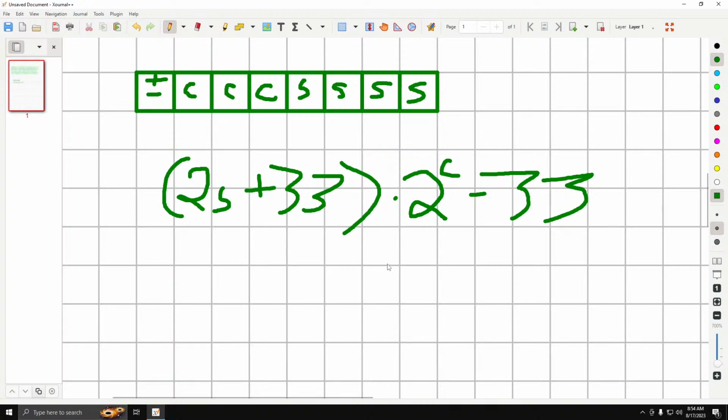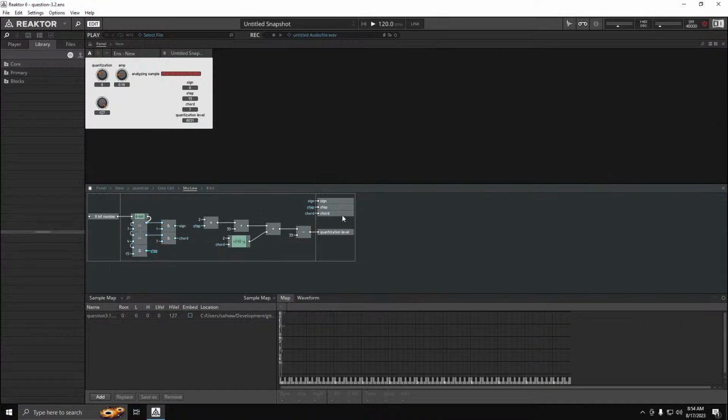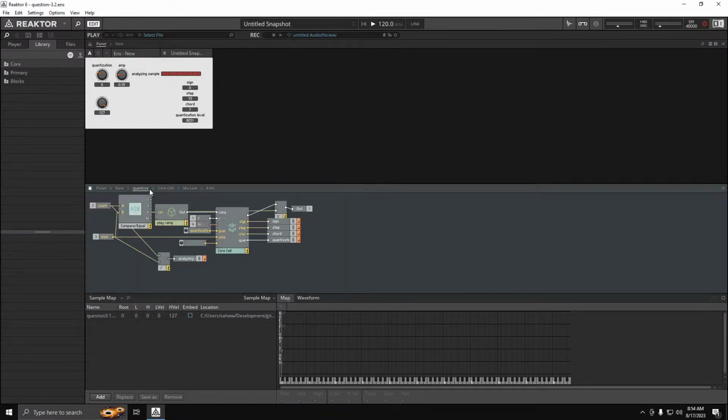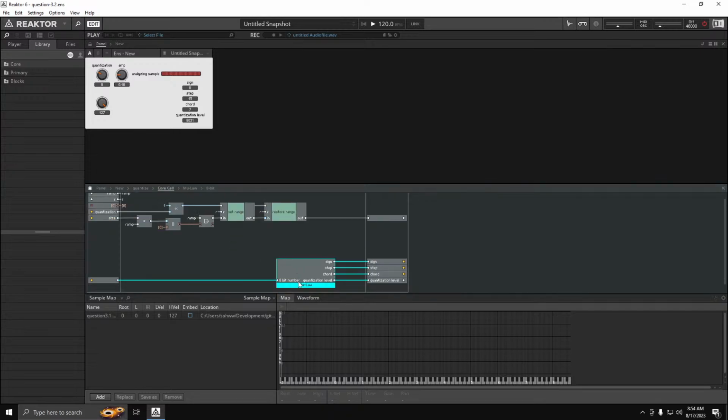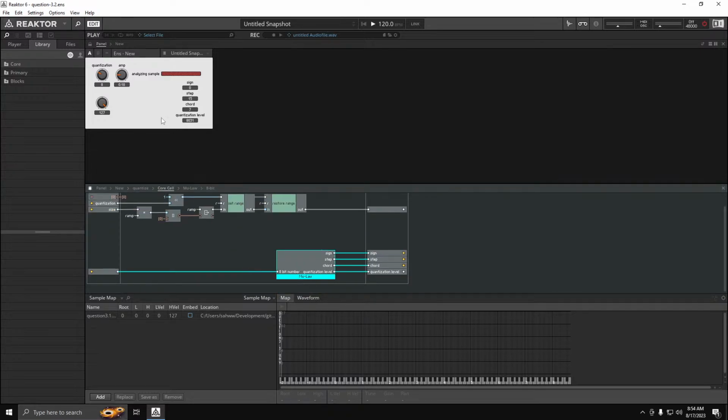So that's how you find a quantization level based on the step and chord values. And you don't even use the sign value, so I don't know why it's there, but you need to get the sign.